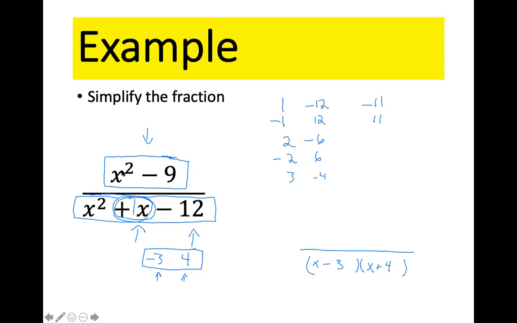But when you're missing the middle term, and the first thing is a perfect square, and the last thing is a perfect square, this always factors into x, and then the square root of this, with one being positive and one being negative. Makes sense. And 3 times x is 3x, -3 times x is -3x. Those would add up to 0.